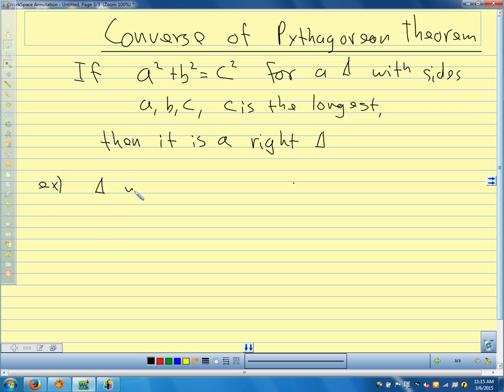So let's look at an example. We're going to say a triangle with sides 12.5, 30, and 32.5. Is it a right triangle?